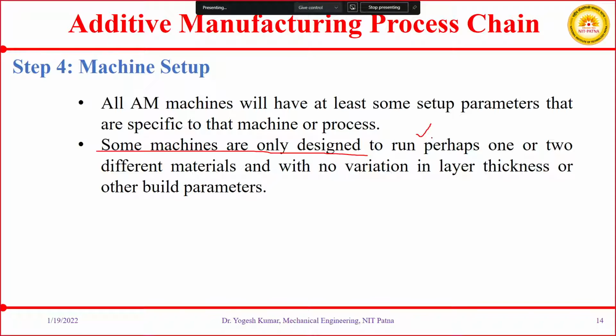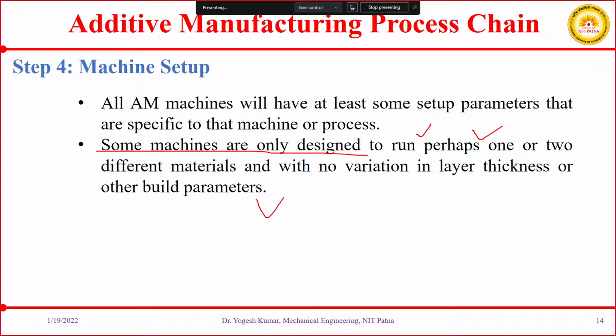That machine may run only for one or two materials. Different kinds of materials are used, and we will discuss that during the technology discussion, when we discuss types of AM machines. You have powder, filament, and liquid material also.